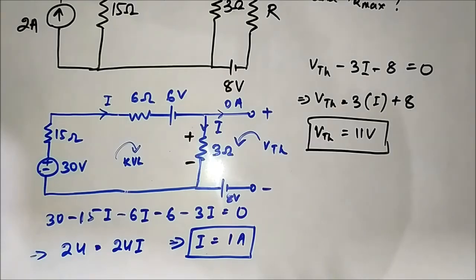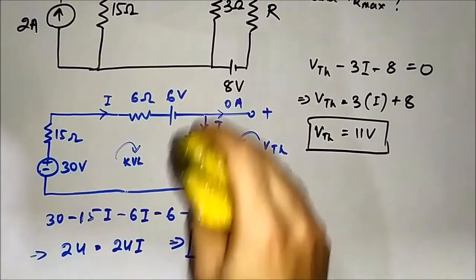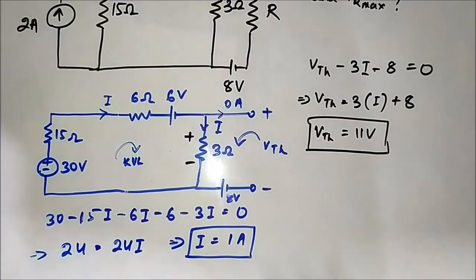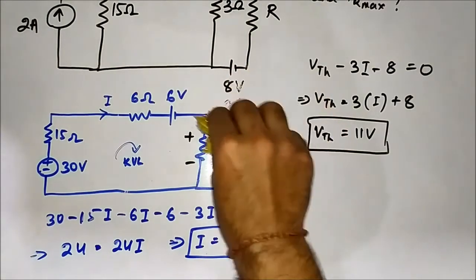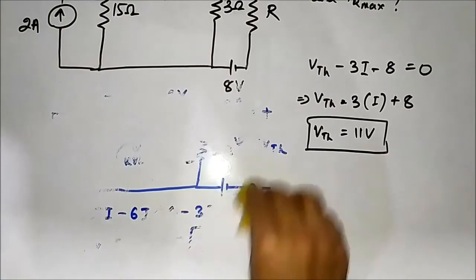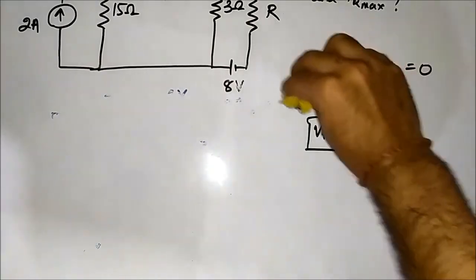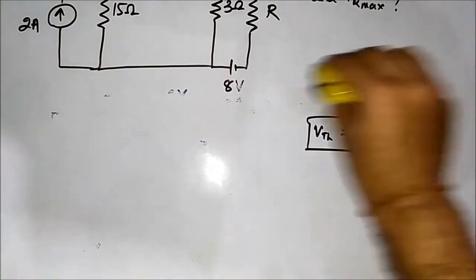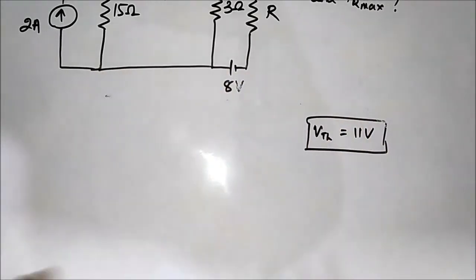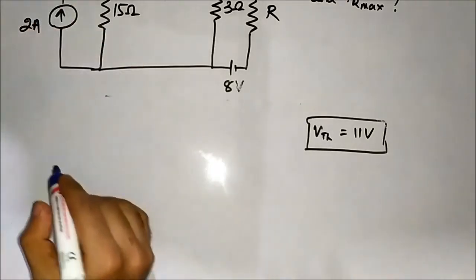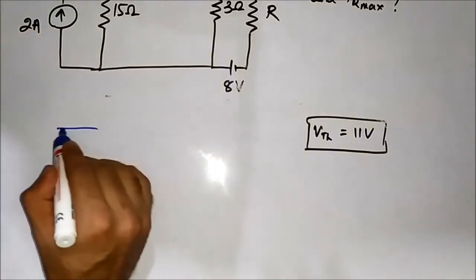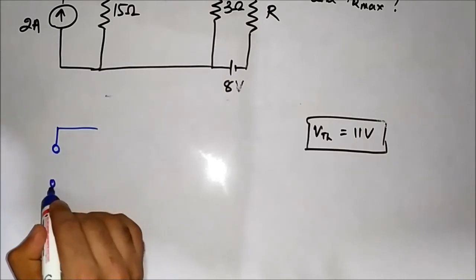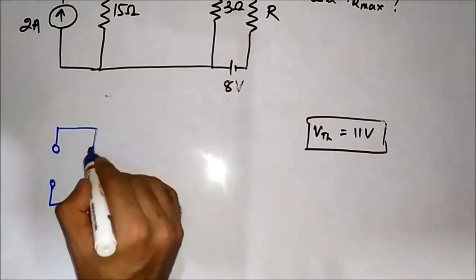Now we have to find RTH. We have to deactivate all the independent voltage sources and current sources and find the equivalent resistance. Current sources will be open circuited, so this 2 ampere will be open circuited.